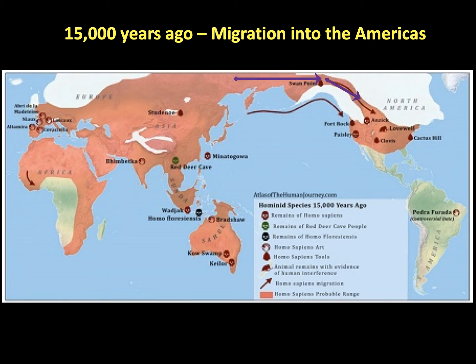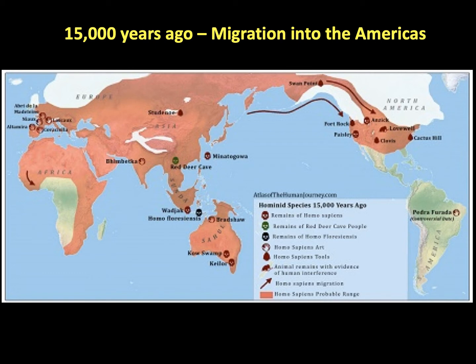One was a land route through Canada into the current U.S., and the other is a possible ocean route using boats at that time. And both seem to be plausible, so it's unsure whether it was one migration or two, and the route that they took is a little bit uncertain.